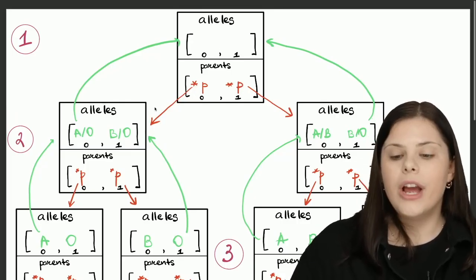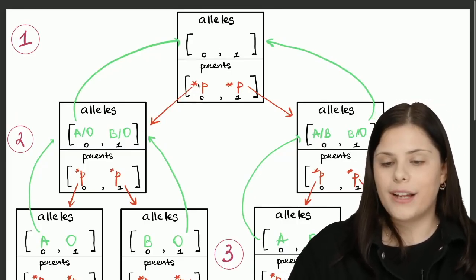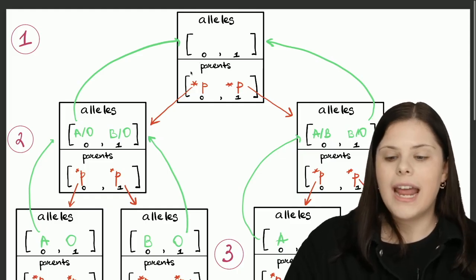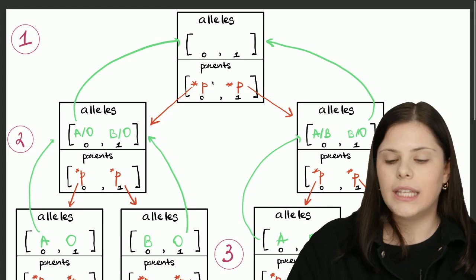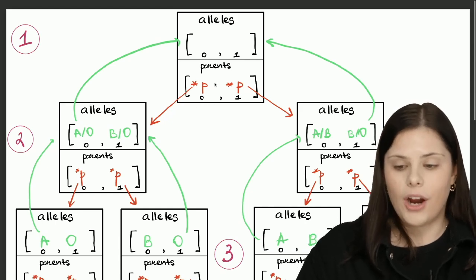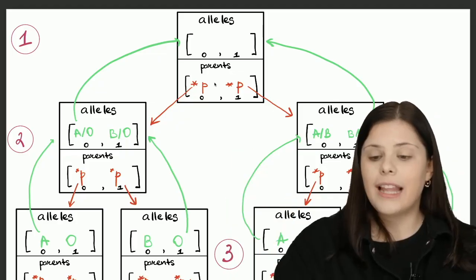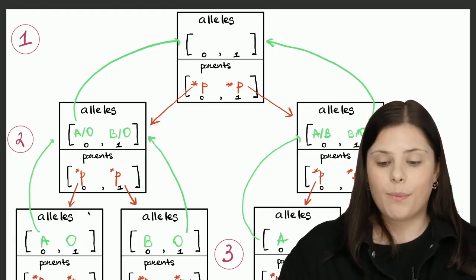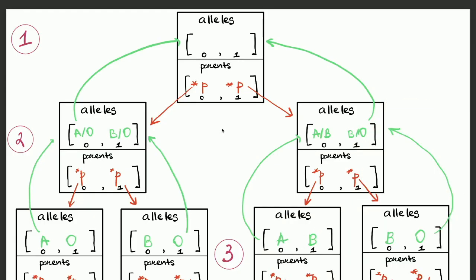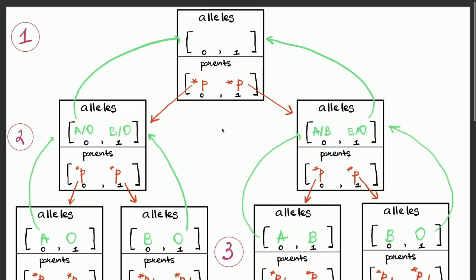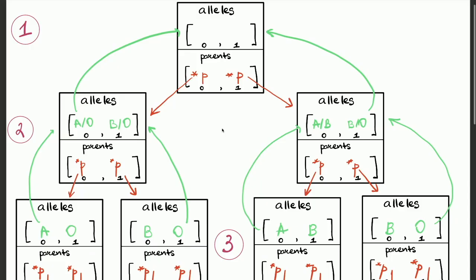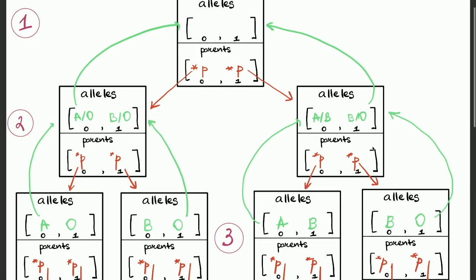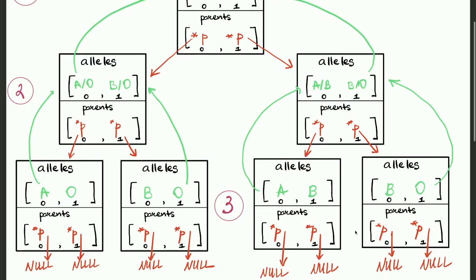I can now use all of this information and come back to my very original node, and now I can close the case on my parent 0 because I've created this entire left part of the tree. I have my alleles, I have my pointers, this part is done. And then I'm going to do exactly the same operation, but now on the right side. I'm going to go first to this person, then I'm going to look at their parents.